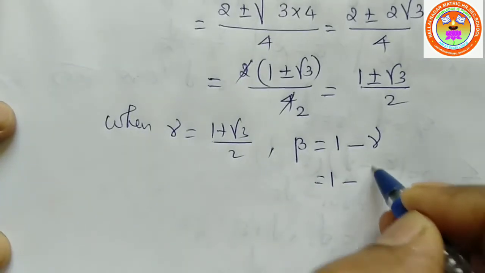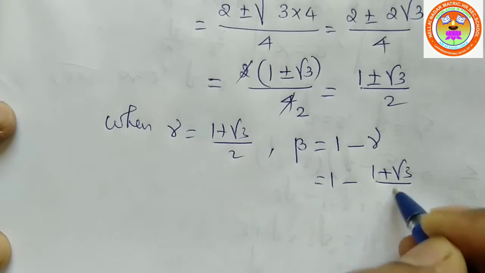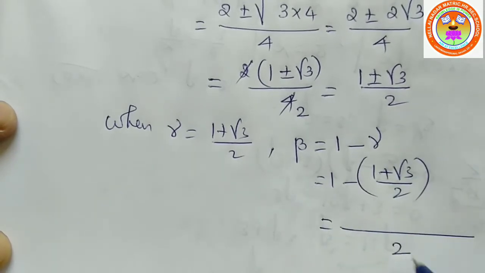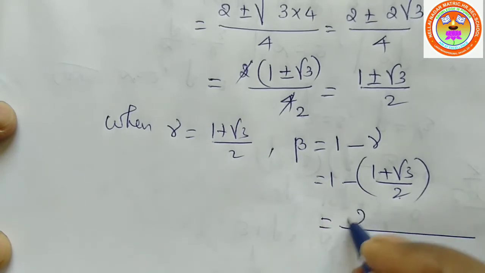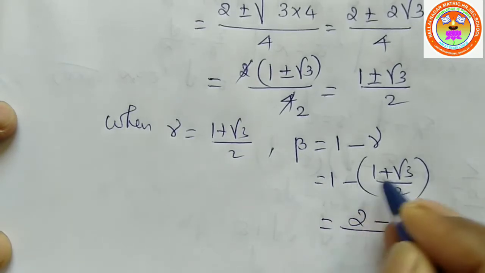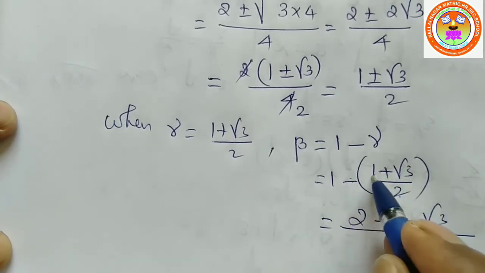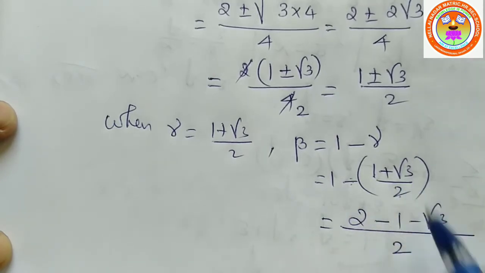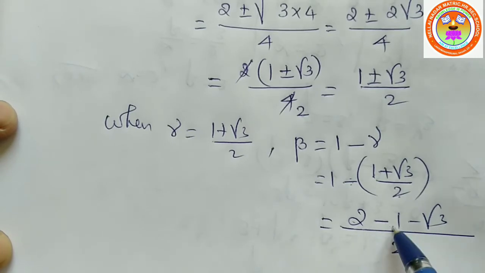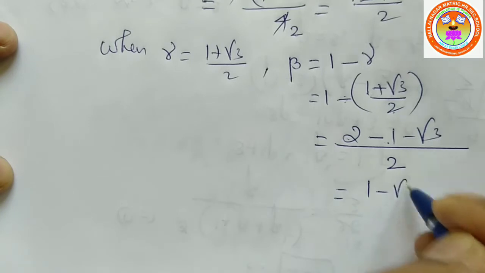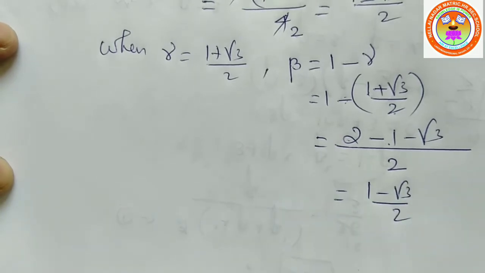Gamma value is 1 plus root 3 by 2. If you take the LCM, LCM is 2. When we cross multiply, 2 minus 1 minus root 3, minus of 1 is minus 1, minus of root 3 is minus root 3. 2 minus 1, that is 1. So 1 minus root 3 by 2.